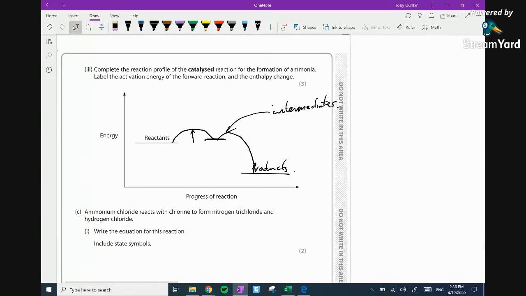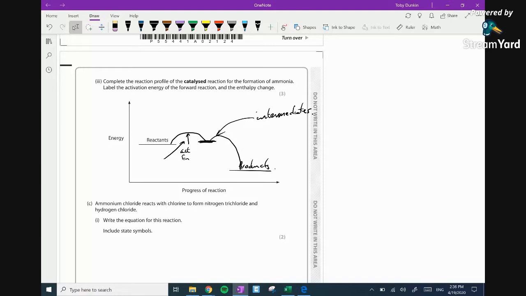I want to see a mark for that. That's really interesting. That's 3 marks. Intermediates like catalyst shelf. And it says label the activation energy for the forward reaction. So that there will be activation energy. Yeah, I'd like to look at a mark scheme. We'll do in a minute.